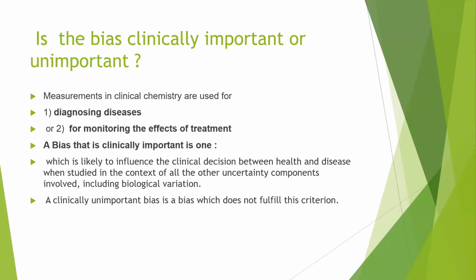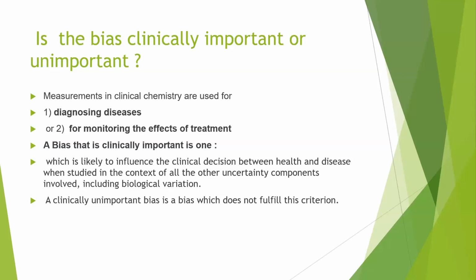But you have to also take it in the context of all the other components of uncertainty, including biological variation. If that bias is changing your decision between health and disease, then definitely it is a clinically important bias. An unimportant bias is a bias which does not fulfill this criteria.